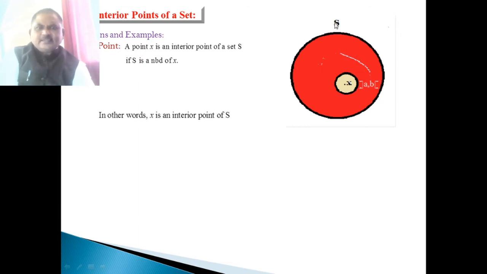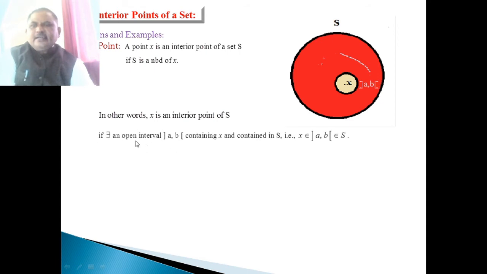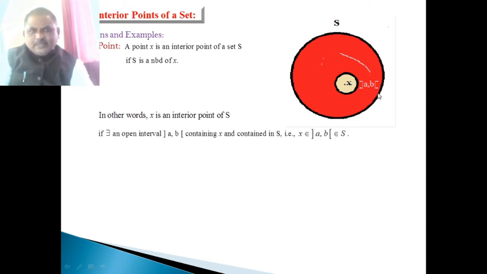This S is a subset of the real number set. In other words, x is an interior point of S if there exists an open interval containing x and contained in S.